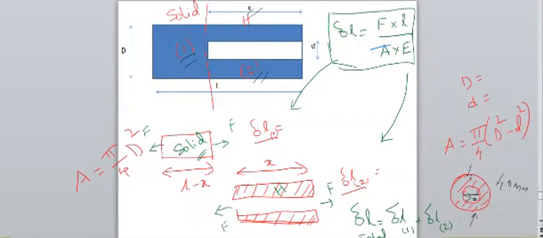So I need to find out the elongation in the solid part, and the elongation in the hollow part, and add them to get the total elongation for case 2.